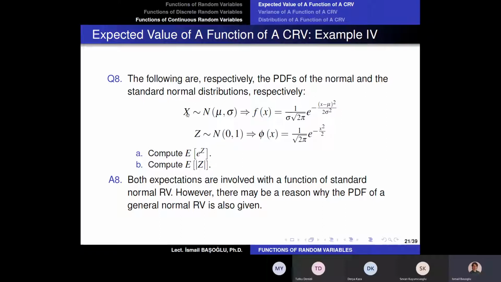So if X is a normal random variable with mean mu and standard deviation sigma, then the probability density function of that normal random variable is equal to 1 over sigma times square root of 2 pi, times e to the power minus (x minus mu) square over 2 sigma square.